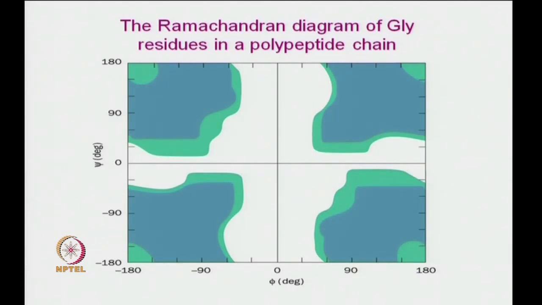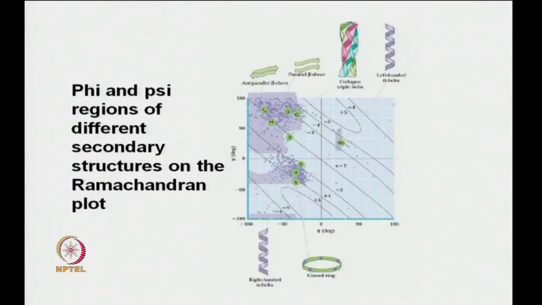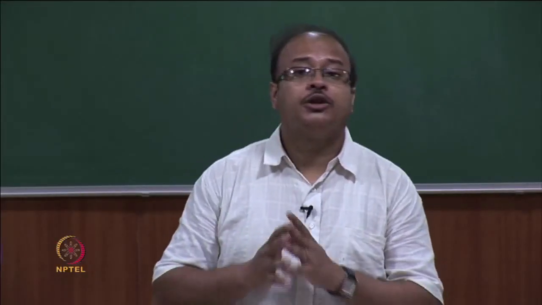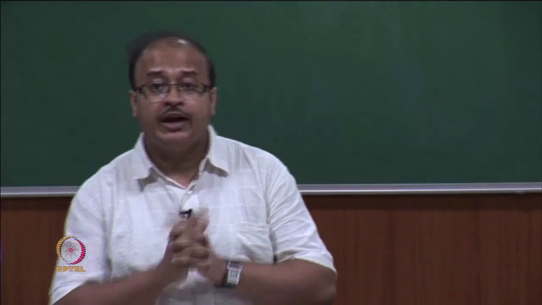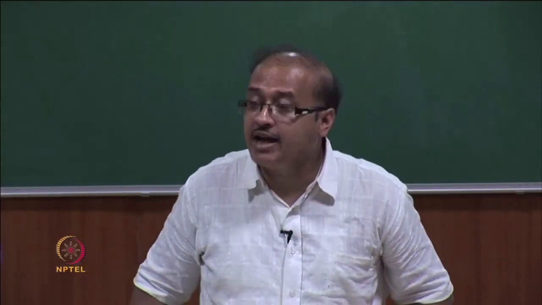So, in a nutshell, what is the Ramachandran plot? It gives you a plot of the phi and psi angles, and it tells you, okay, I cannot have all possible psi and phi angles. Why?